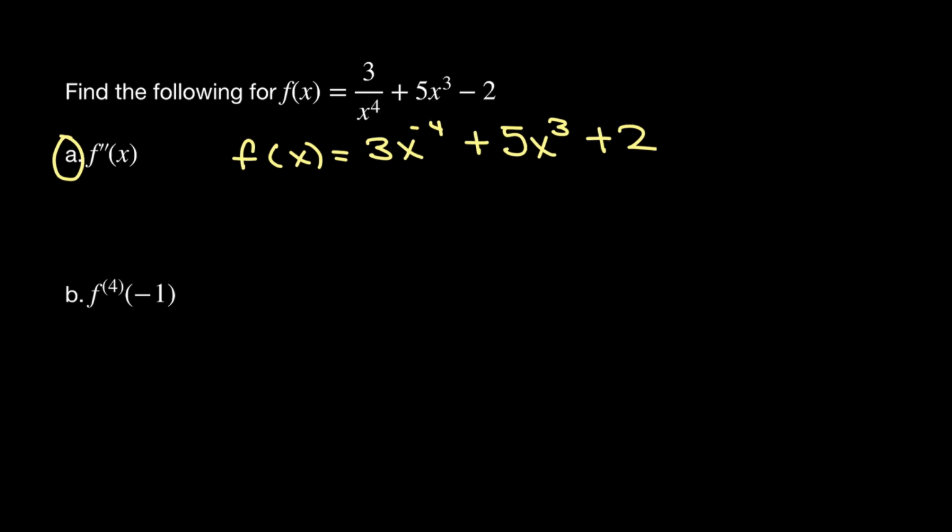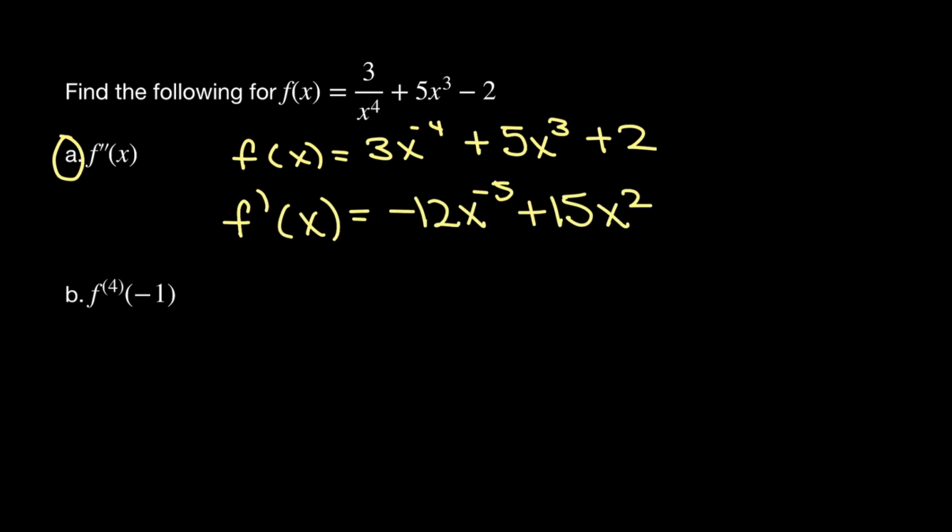And then the only way to find our second derivative is to find our first derivative, and then we take the derivative of that. So the derivative of my function, bring down the negative 4, I get negative 12x to the negative 5, plus, and then for the 5x cubed term, bring down the 3, 15x squared, and 2 is a constant that has a derivative of 0.